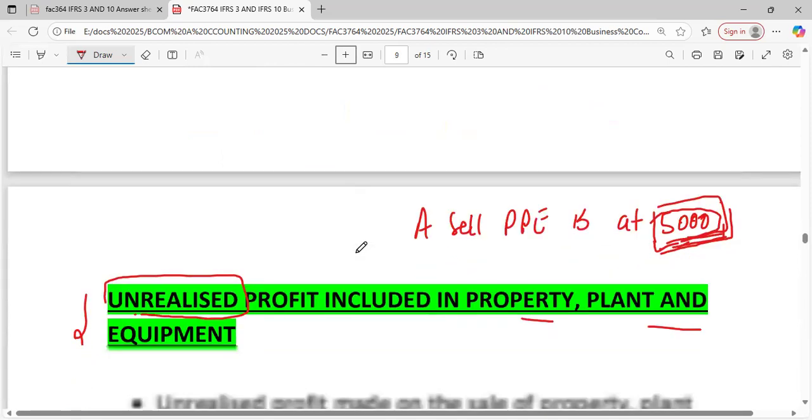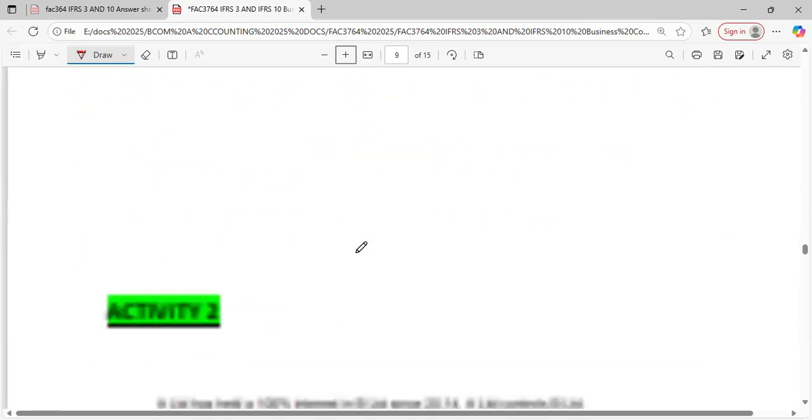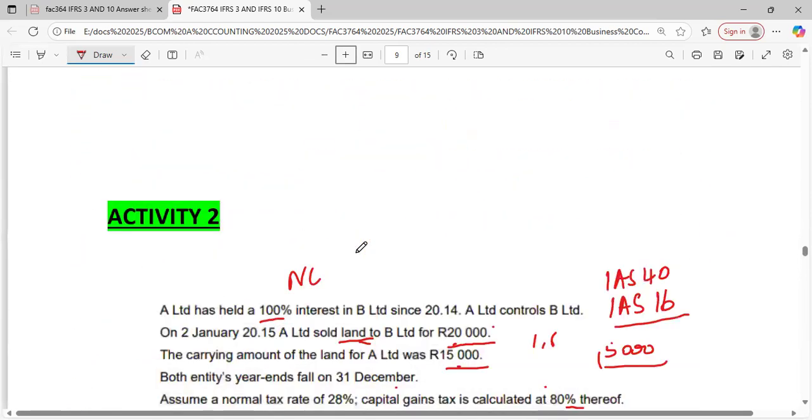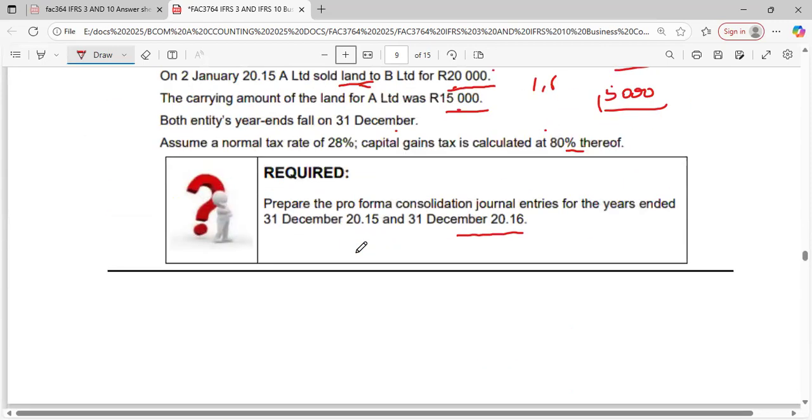Right, let's look at if there's anything that we can do on the journals here. Let's look if there's anything that needs to be done. They also say 31 December 2016. What is going to happen on 31 December 2016?